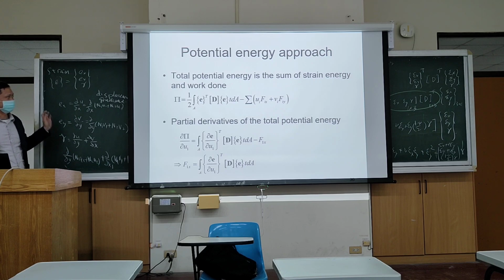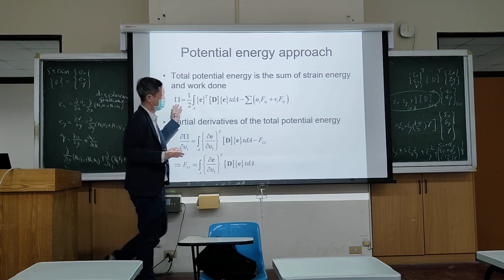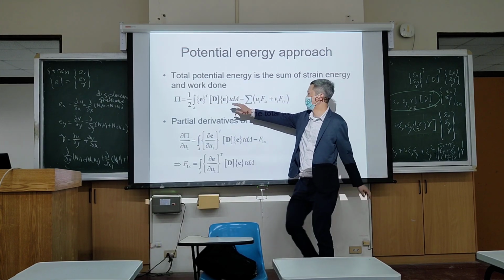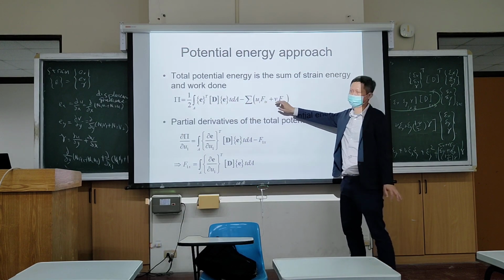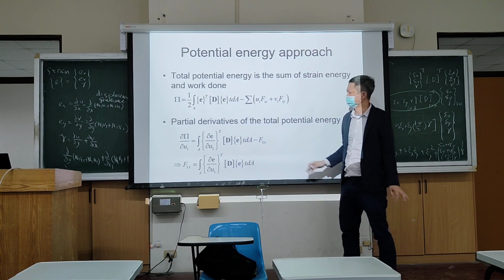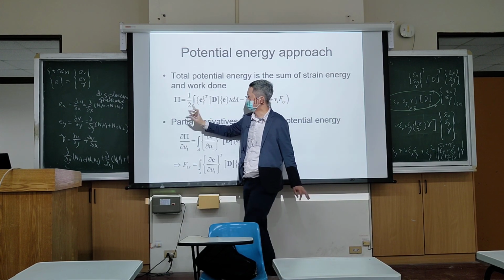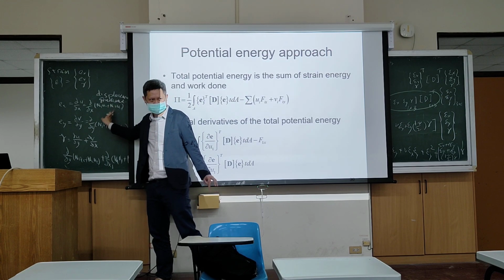So now, we have the expression of the energy in terms of strain, in terms of forces, pre-multiplied with displacement. But you have to realize that your strain is a function of displacement, which was defined here.